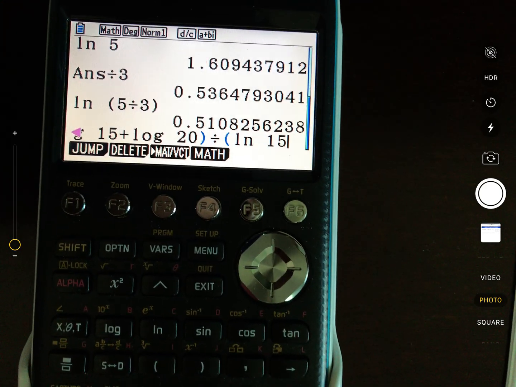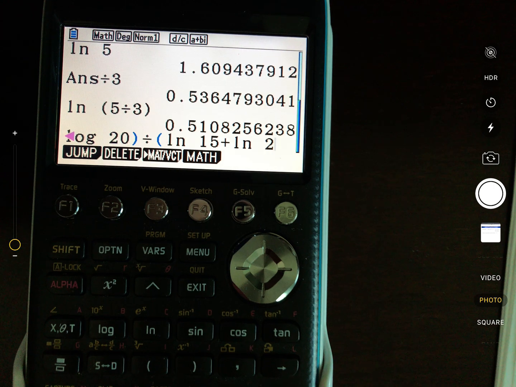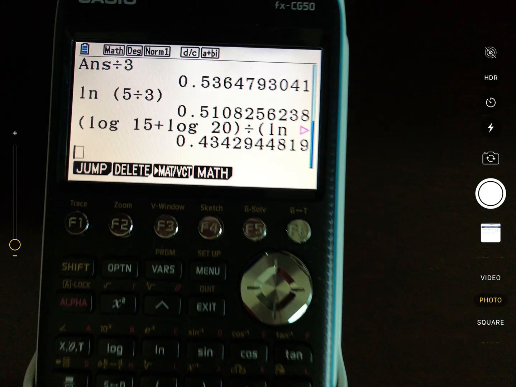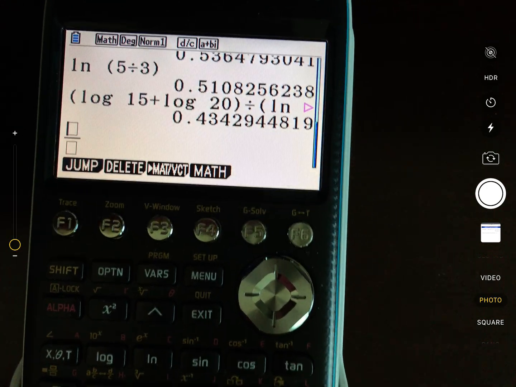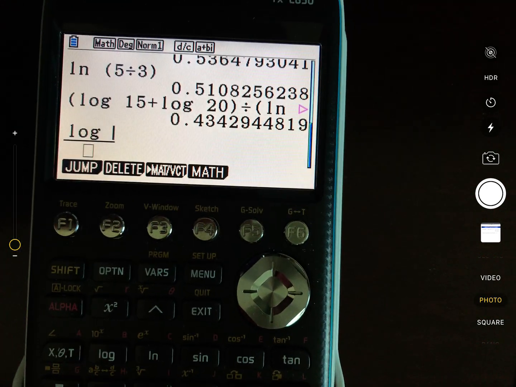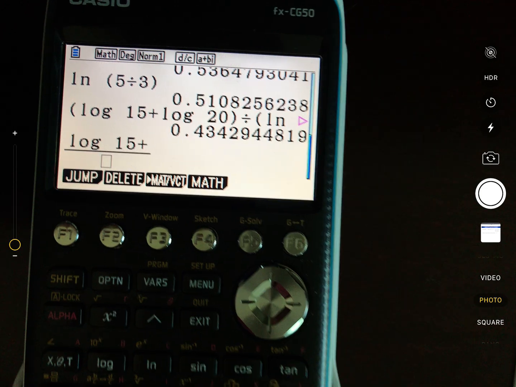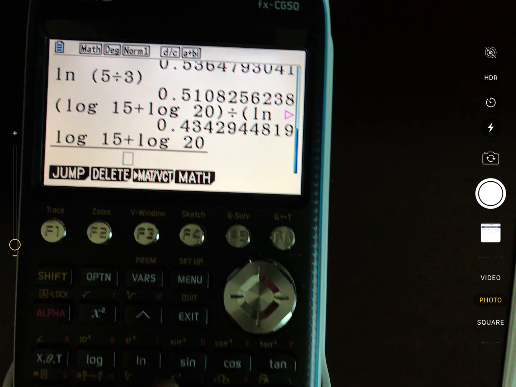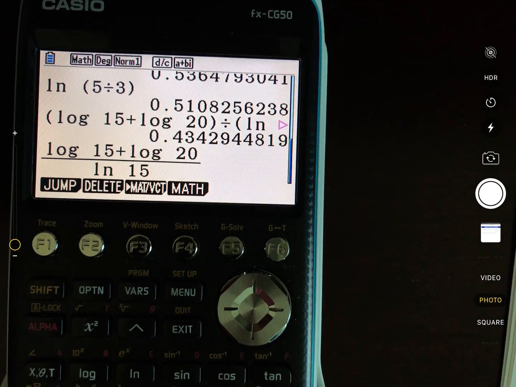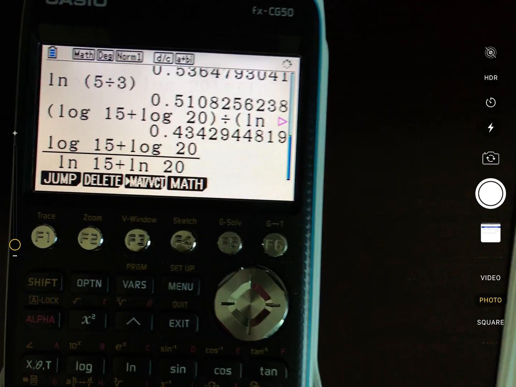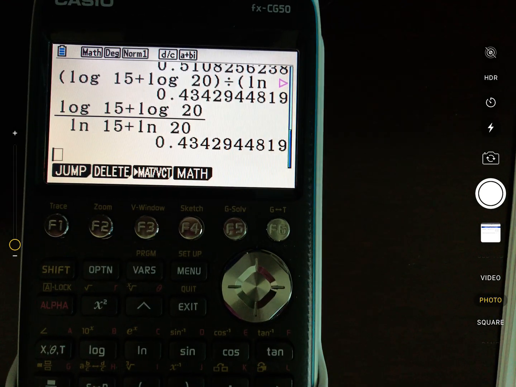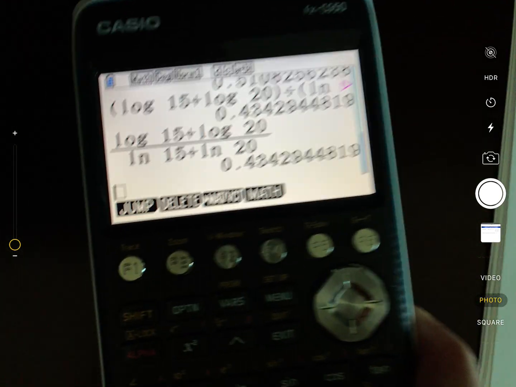Natural log of 15 plus natural log of 20. And I get that value right there. If I put this into a fraction, the log of 15 plus the log of 20 over the natural log of 15 plus the natural log of 20, I get the same value. And our answer there is 0.434.